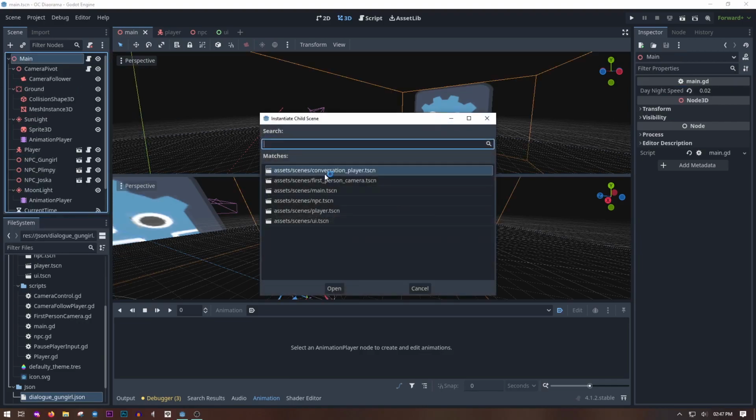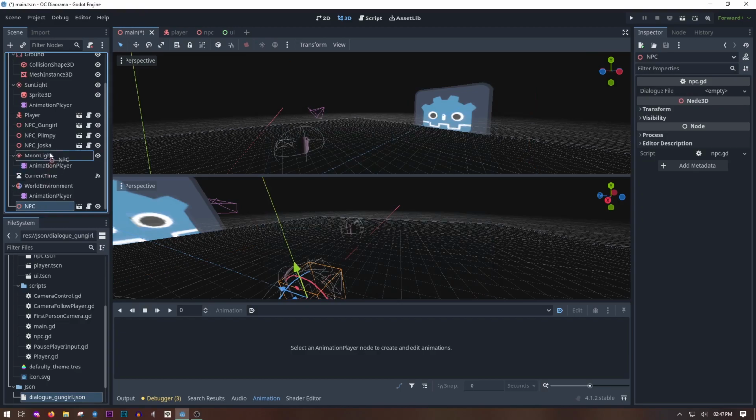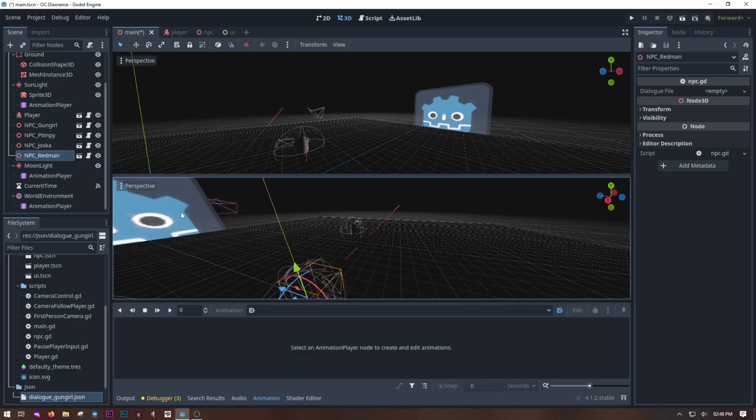Let's instantiate child scene, NPC. Yeah, we got a new NPC. Let's put him here, and call him Redman. So now we got Redman.